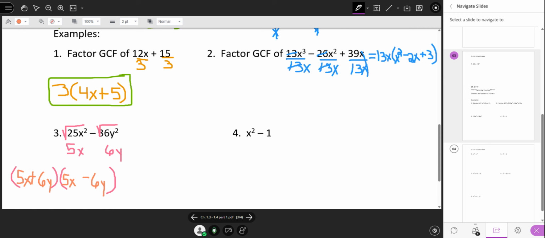And then two terms with a minus in the middle. Take the nice square root. That's x and 1.